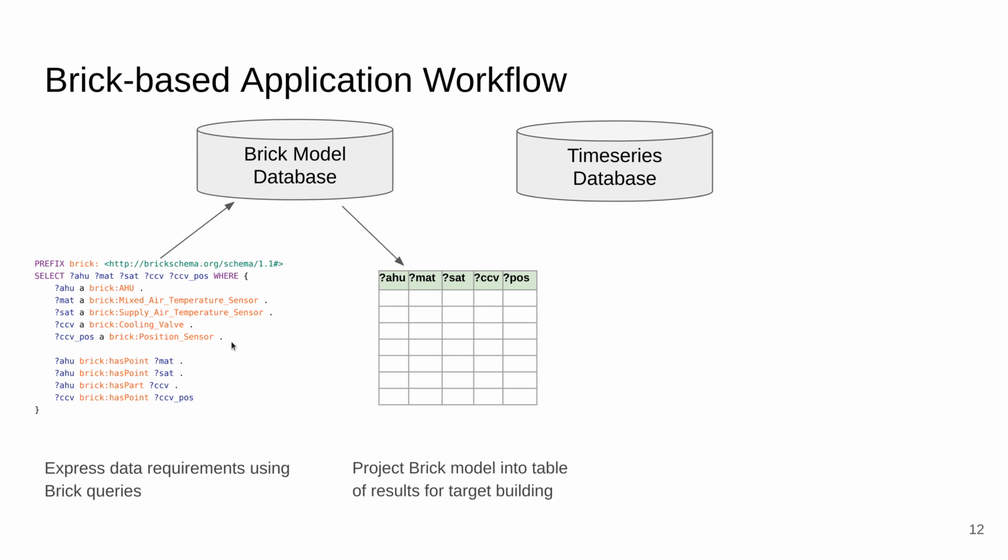The execution of that query on the Brick model database will give you essentially a table of results. So each of these rows will be the name of the air handling unit, the name of the mixed air and supply air temperature sensors, the cooling coil valve name, and then the name or the ID of the position sensor for that valve.